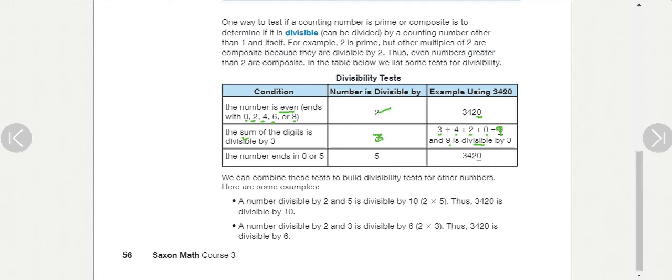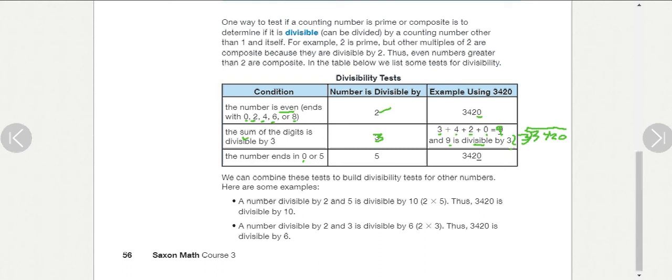The sum is 9. Is that divisible by 3? Yes. That means that the number 3,420 is divisible by 3. Make sense?